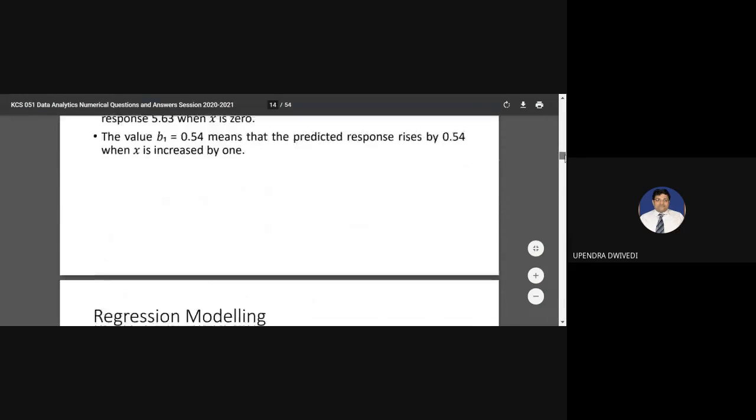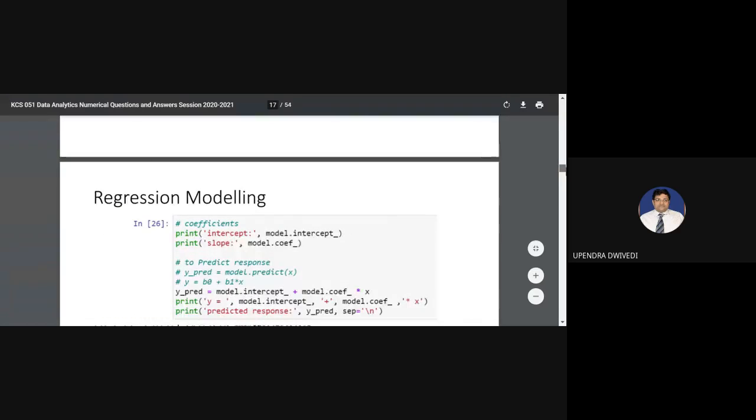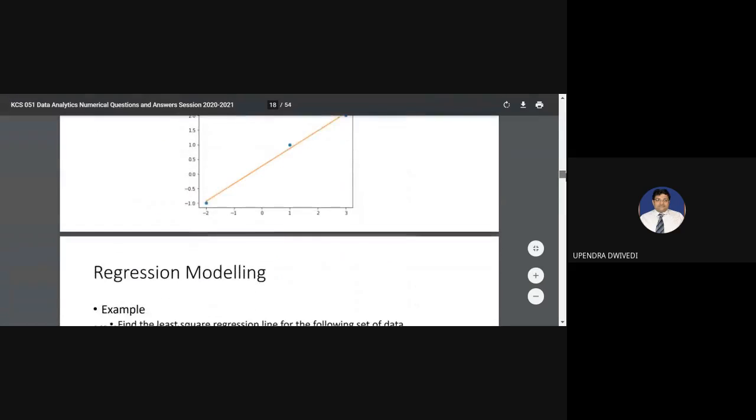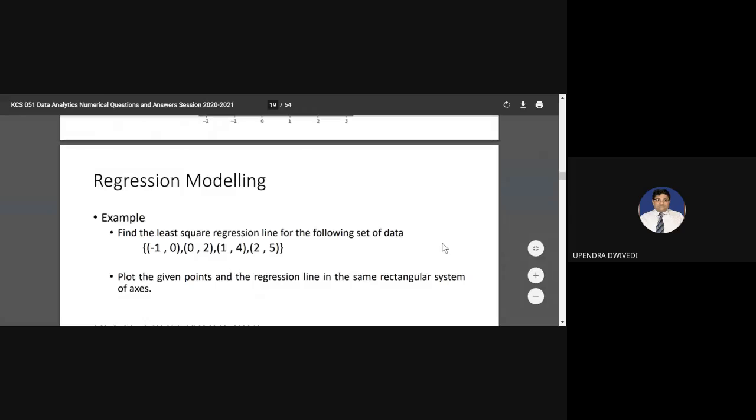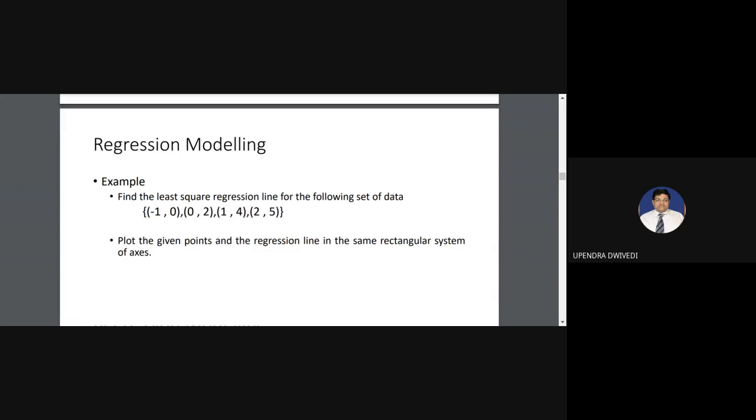Now we'll go for another example. This is our next example. Find the least square regression line for the following set of data: minus 1 comma 0, 0 comma 2, 1 comma 4, 2 comma 5. Please write down this question and find the regression line, that is y equal to ax plus b.